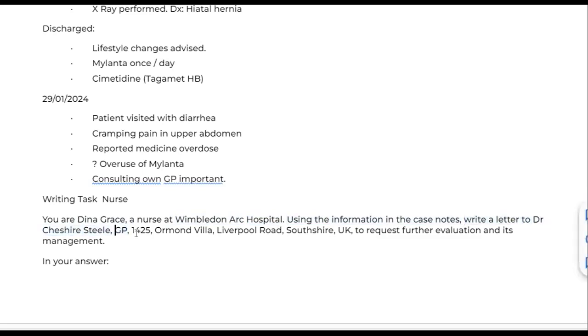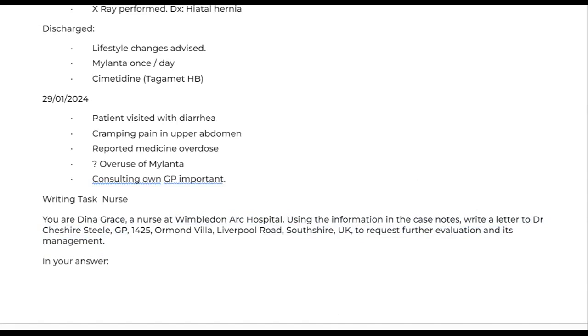So GP means this is the patient's own GP, Ormond Villa, Liverpool, Southshire, UK, to request further evaluation and its management. Remember, this doctor is the personal doctor or the GP of this patient. So the GP must be knowing a lot of information about the patient.